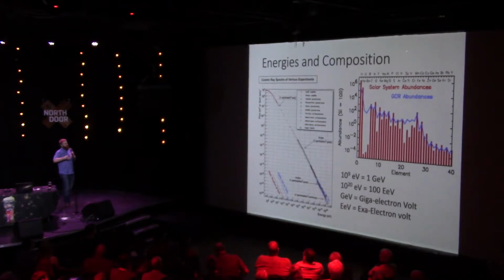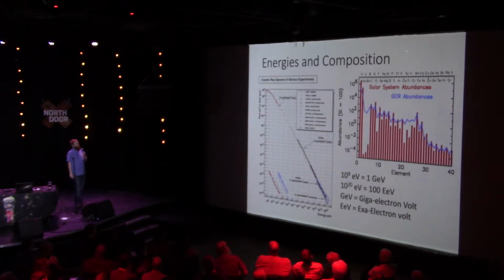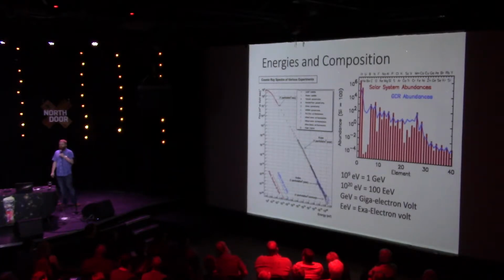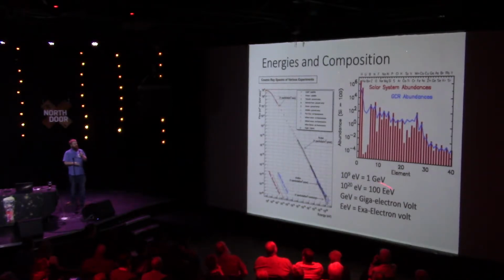When we look at moderate energies, like a tera electron volt, which is about here, those can maybe be explained by supernova explosions. Up to around 10 to the 18 or 10 to the 17, you can maybe explain those with the black holes in the center of galaxies, which we just heard about. But how to get these really high energy ones, really nobody knows.